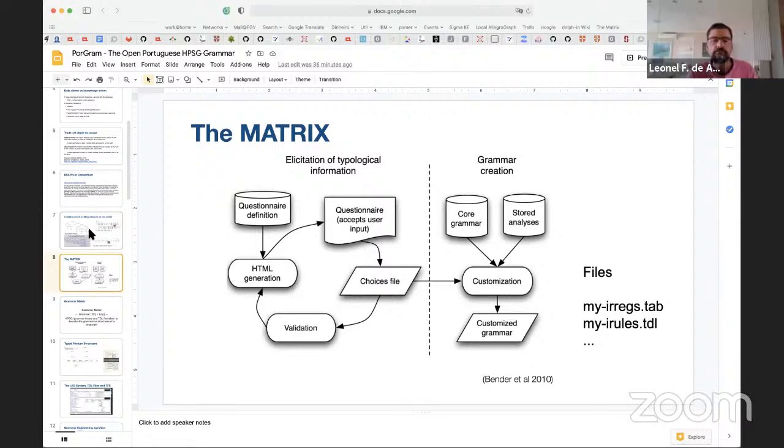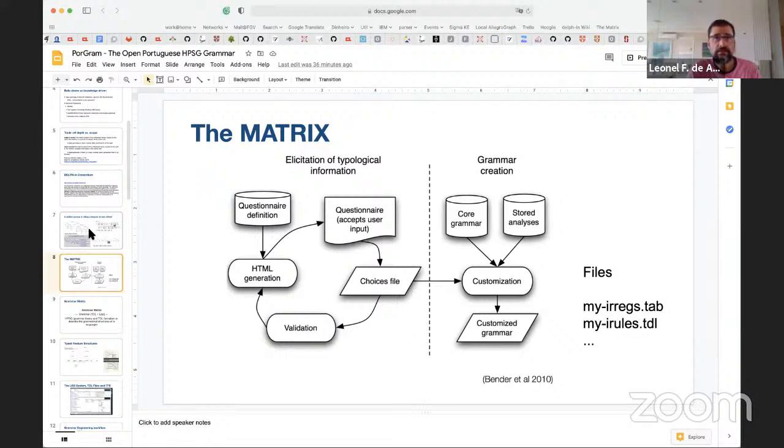What is important to emphasize about the questionnaire is that it enables people with no knowledge of the formalism to build a starter grammar, a grammar which is already a middle-sized grammar.